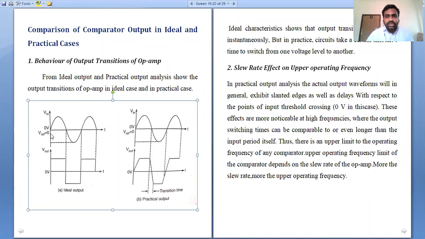This occurs because of the behavior of slew rates, or because of the threshold operating frequencies, and other conditions which affect the behavior of output voltage in practical condition.